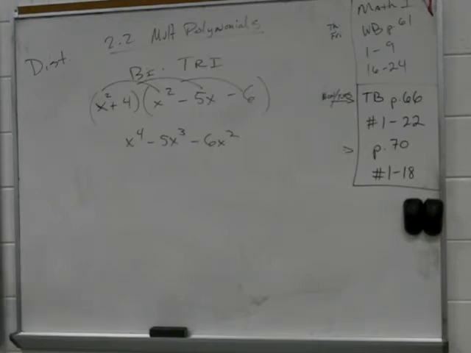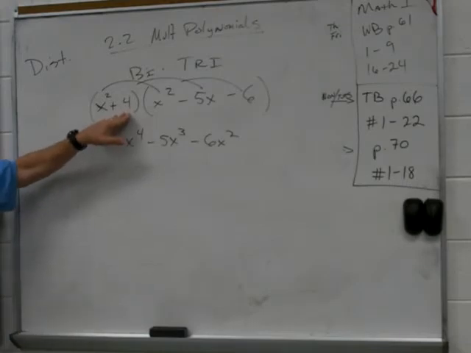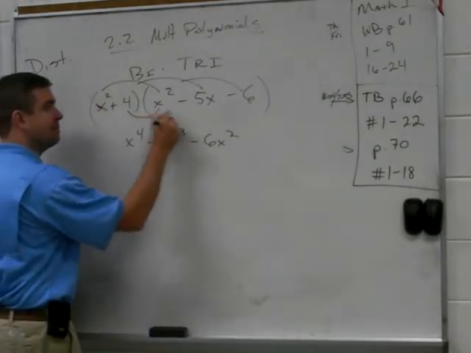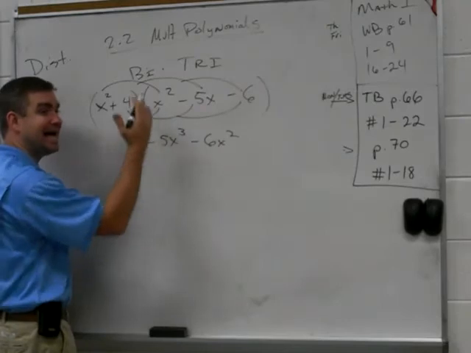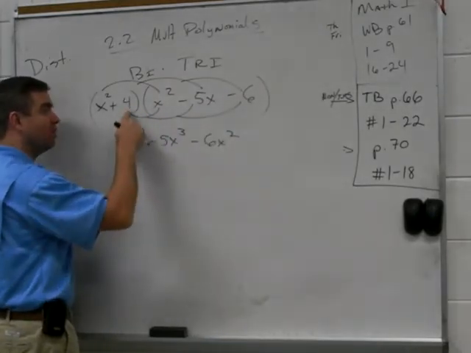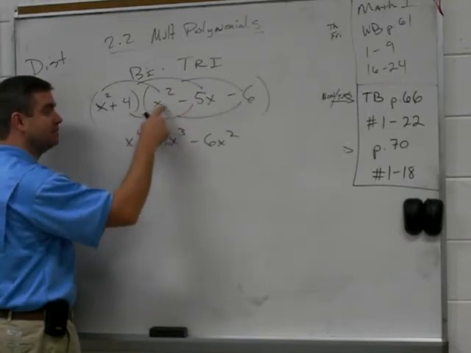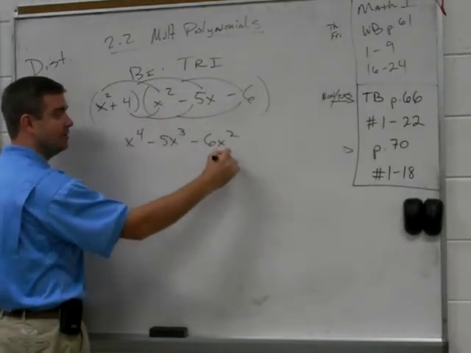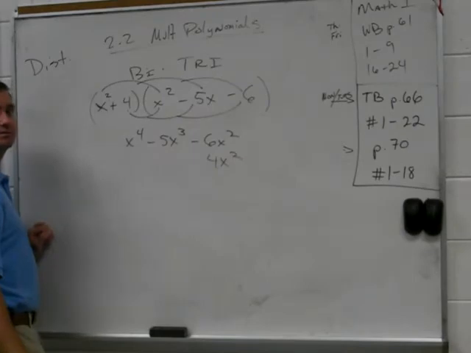All right, here's the important step. Now I'm going to take positive 4 and I'm going to multiply there, there, and there, and I'm going to stack my like terms. 4 times x to the second goes right here, 4x to the second.